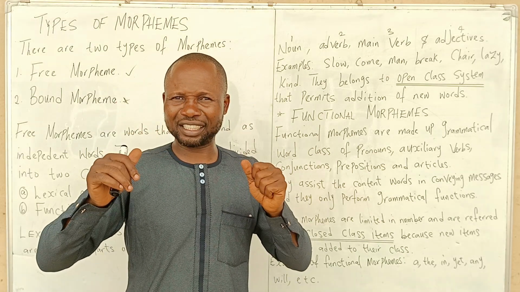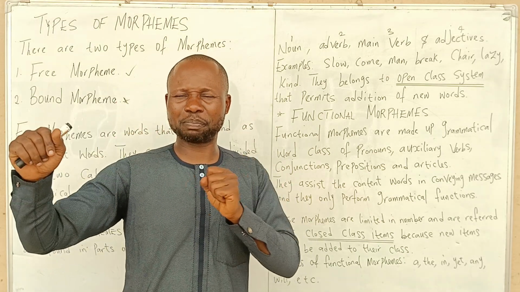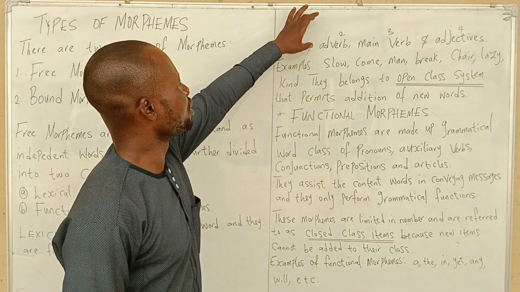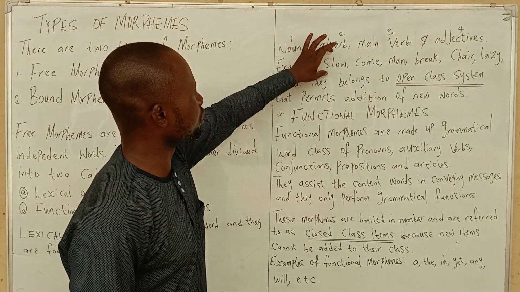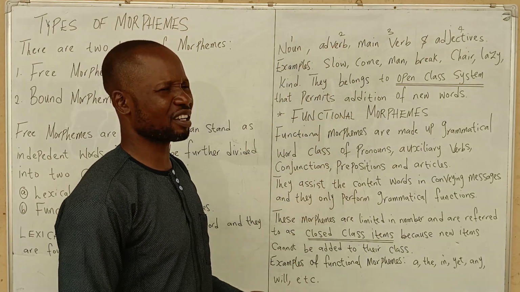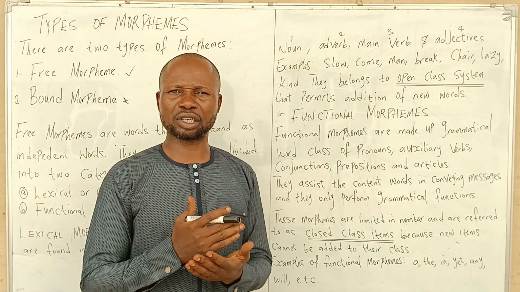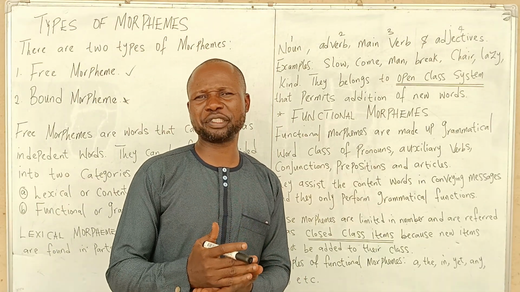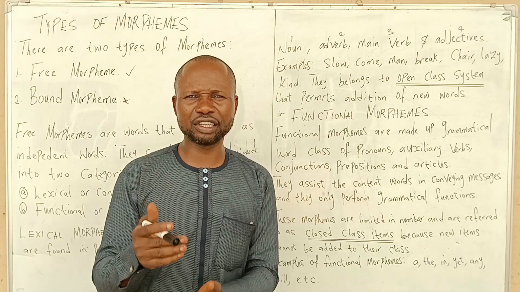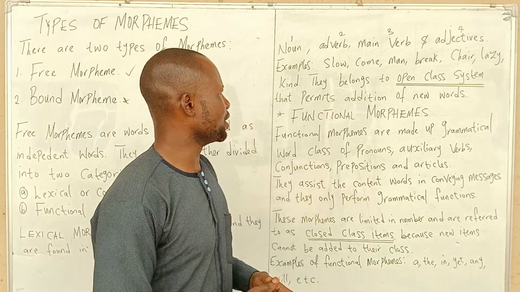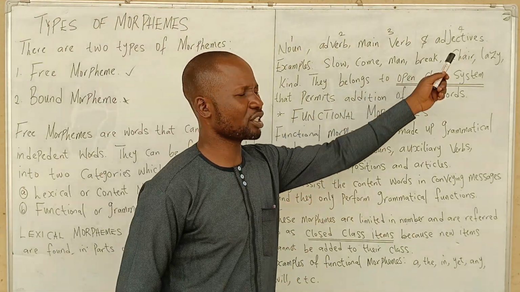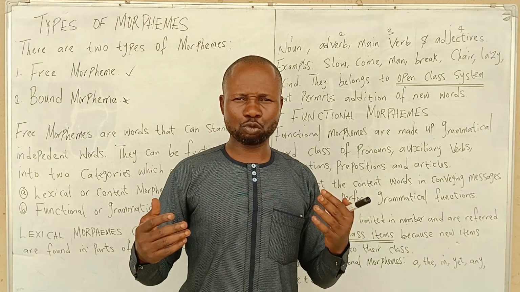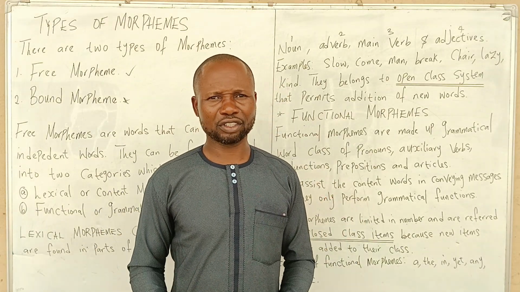Remember, they are independent. They don't depend on anything. Why do we call them content morpheme or lexical morpheme? For example, if you say slow, you already understood what slow is. It does not depend on another thing to give it further meaning. While chill, we already know is something that we can sit and is a noun.